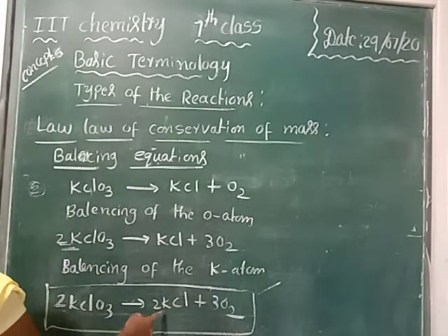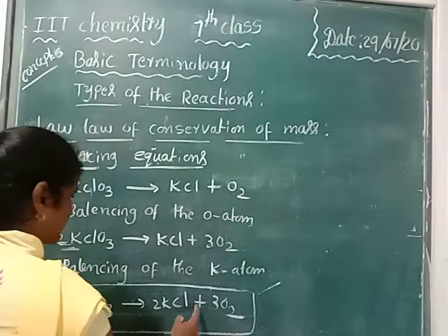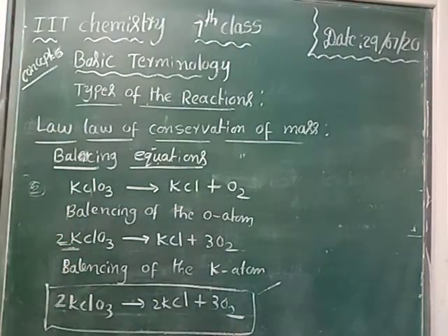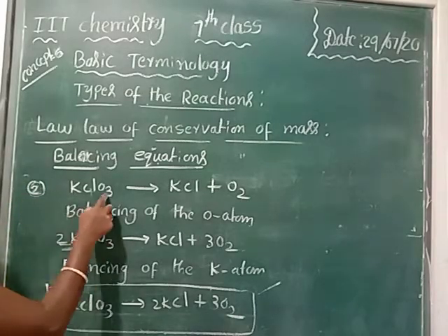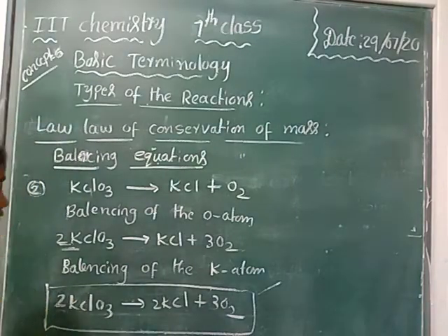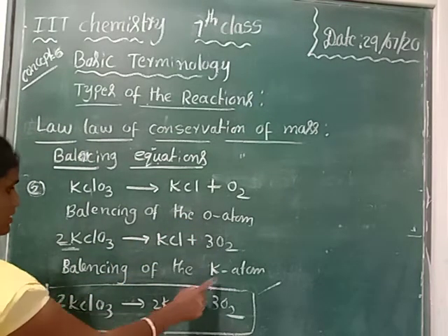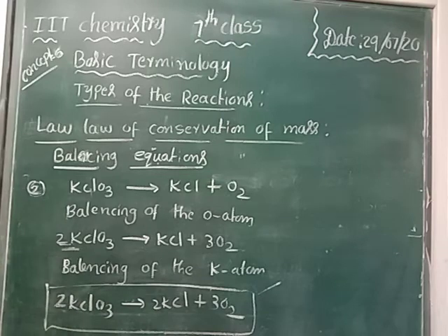Here 2 potassiums, here 2 potassiums, 2 chlorines, 2 chlorines, 2 threes are 6 oxygens on the reactant side, products also 6 oxygens. Okay, children. This is the second example: KClO3 gives KCl plus O2. Balance oxygen atoms first, next the potassium atom.